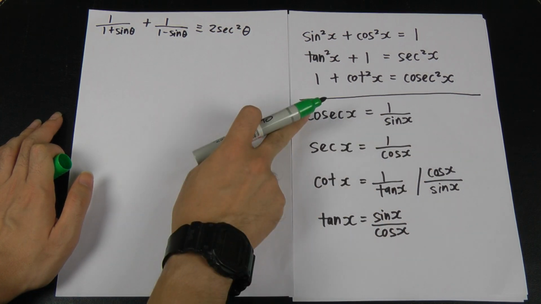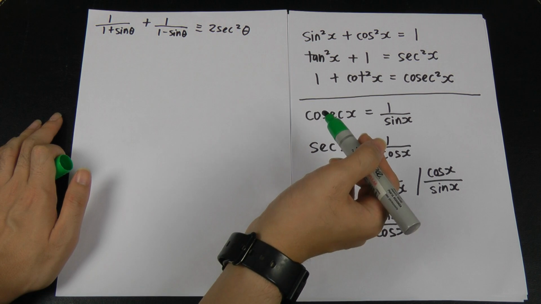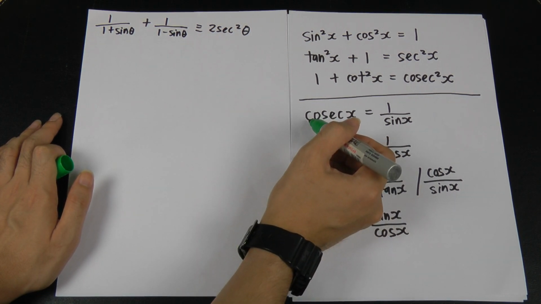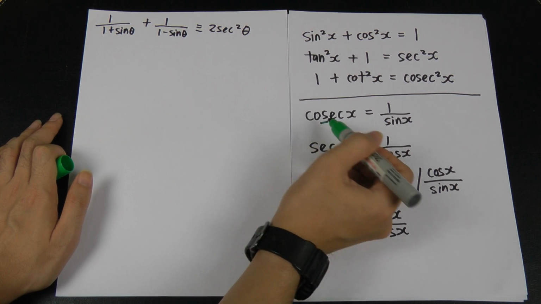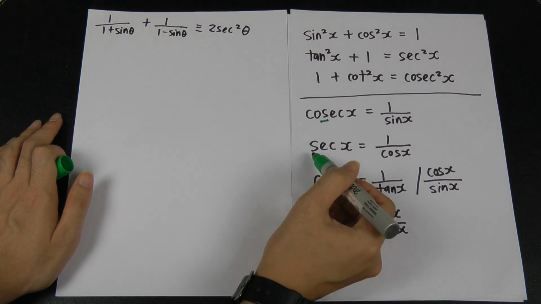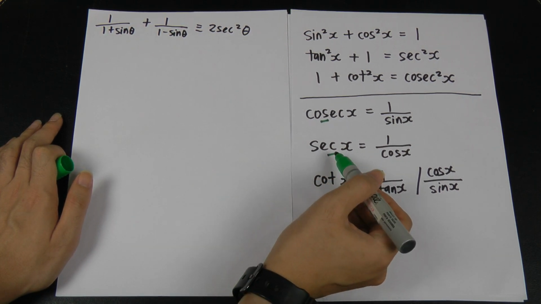But for cosecant, secant and cotangent, I will say again how you can remember them. Normally I look at the third alphabet. You count 1, 2, 3. If the third alphabet is S, this means 1 over sine. Count again, 1, 2, 3, the third alphabet is C, this is 1 over cos.